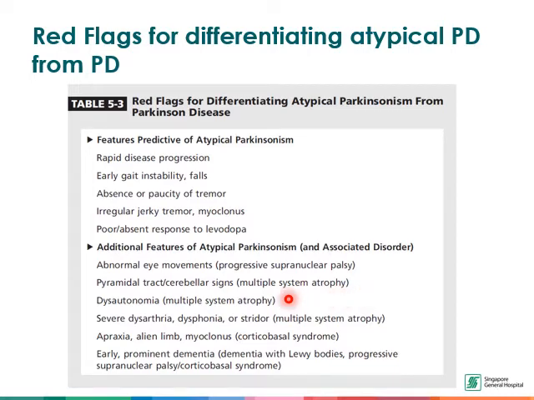There might be dysautonomia as well in people with multiple system atrophy. There may be severe dysarthria, slurring of speech. There may be apraxia or alien limb syndrome in people with cortical basal syndrome. And there may be early dementia in people with dementia with Lewy bodies.